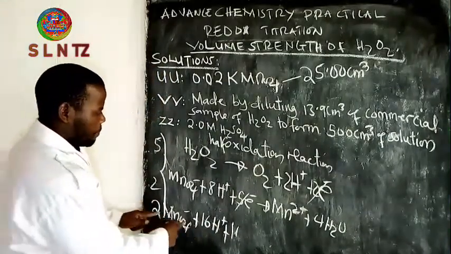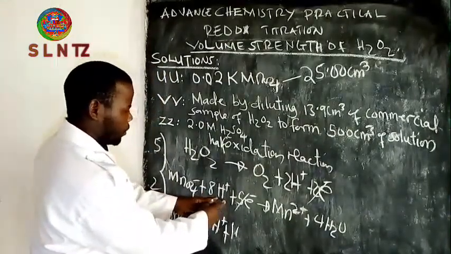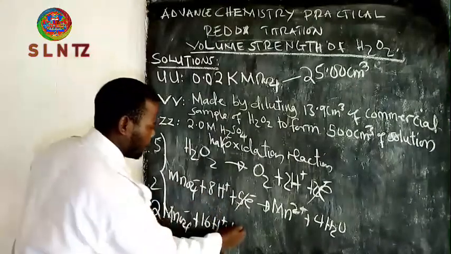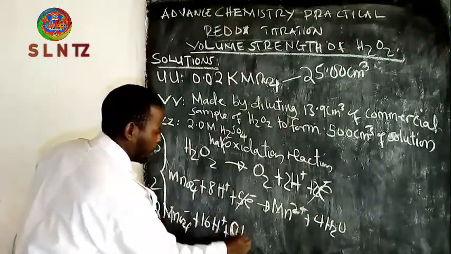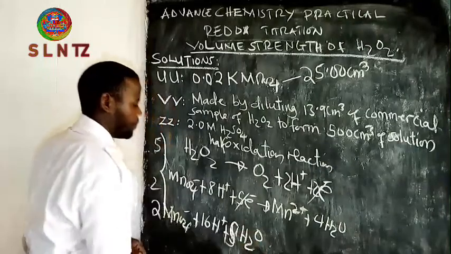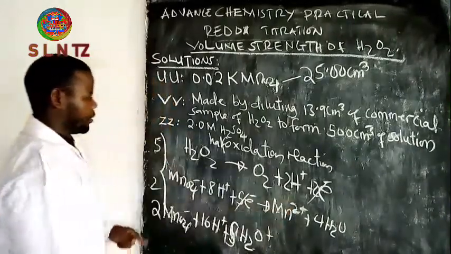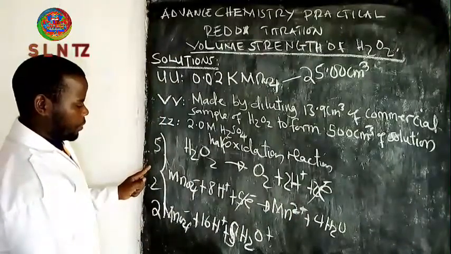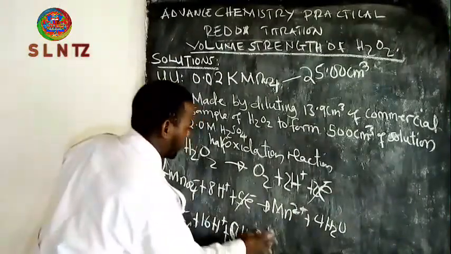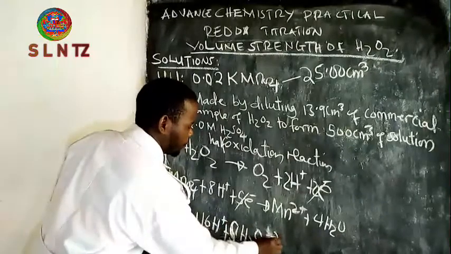So, by taking this one, this is over, we go to the side. It will be 5 hydrogen peroxide reacting. Yes, that is over. We go to the product.